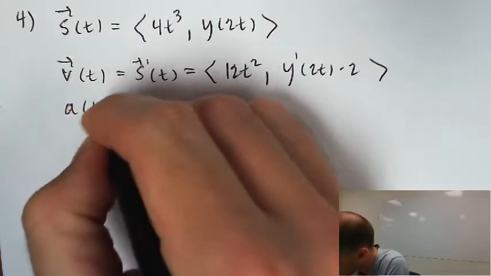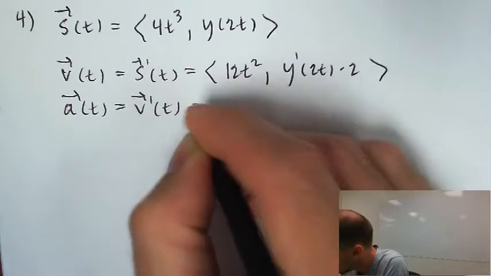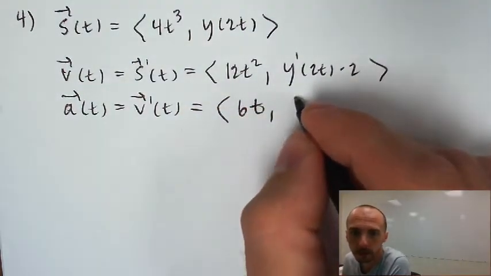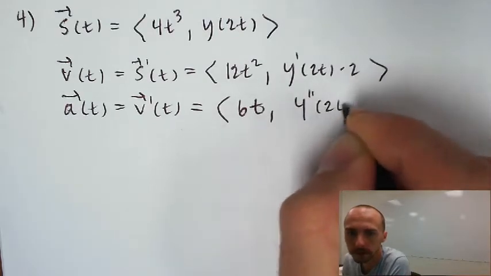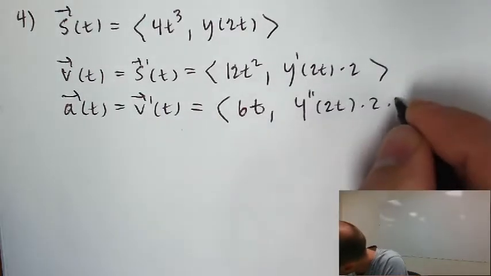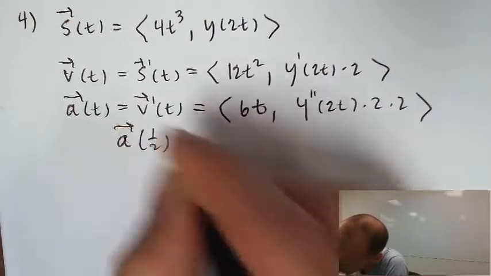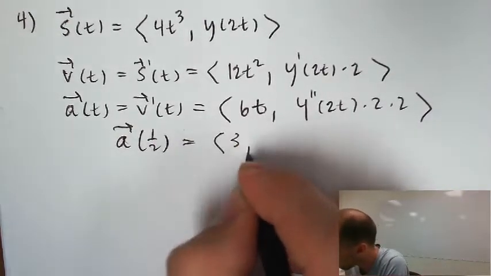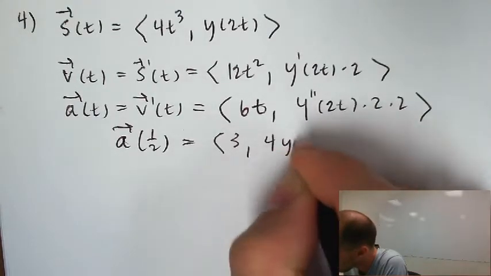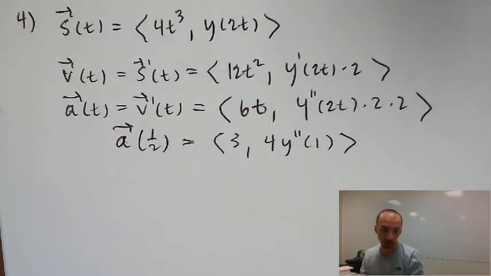Then v prime of t, and let's do it again: 6t, and y double prime of 2t times 2, constant multiple, I don't need the product rule, times 2 again for the chain rule. So a of 1/2 is going to be 3 and y double prime of 1 times 4. And that was answer choice A.